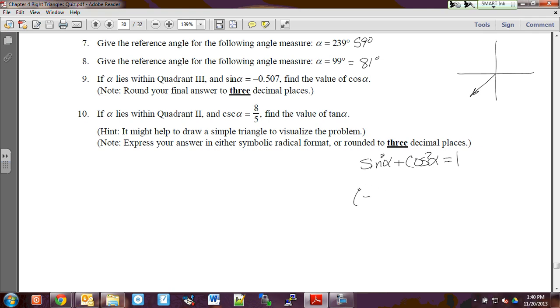Plug in your sine, negative 0.507 squared plus cosine squared alpha equals 1. Subtract the negative 0.507 squared from both sides.